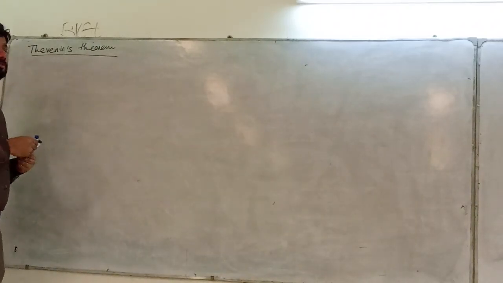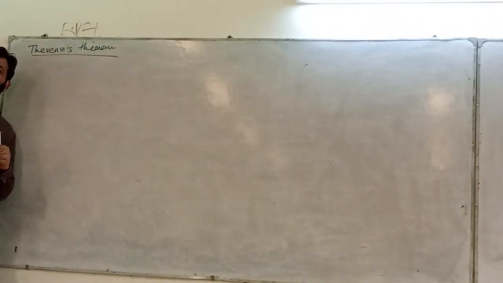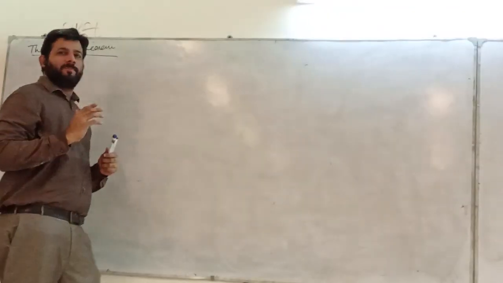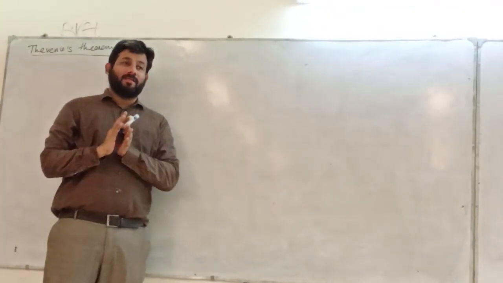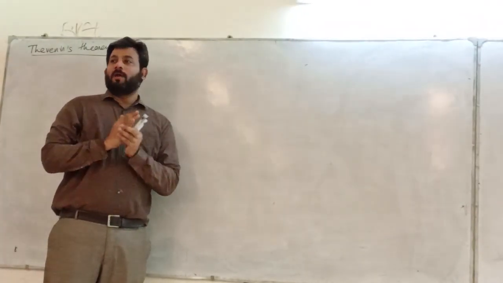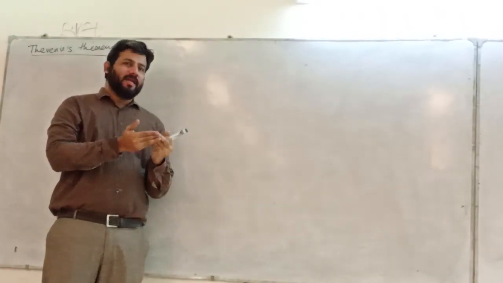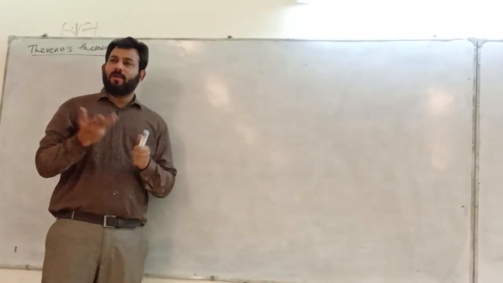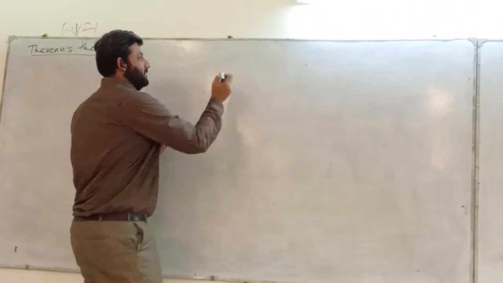This is about Thevenin's theorem. What is Thevenin's theorem? By application, we mean that we apply Thevenin's theorem to find any load's current or voltage. For example, our question is like this.